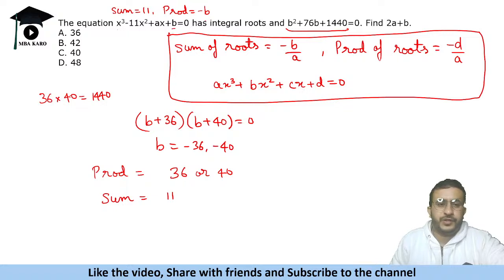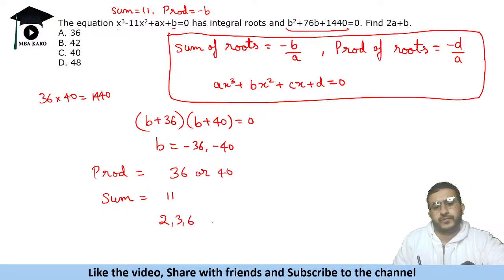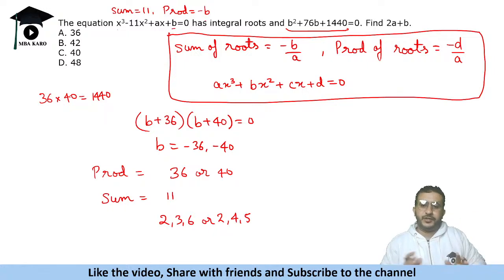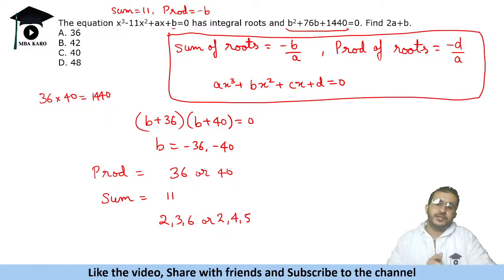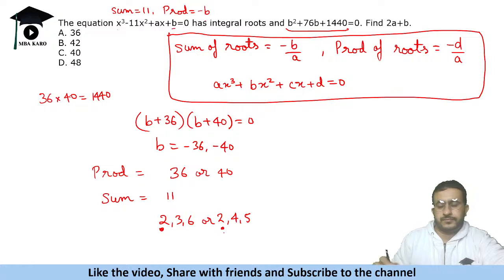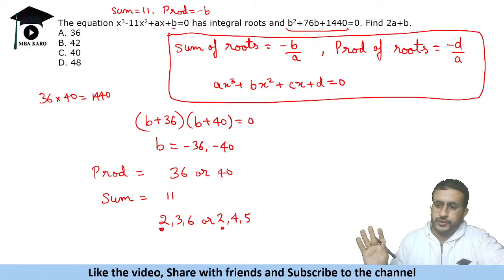Think of the roots. थोड़ा इंटीजर वाले थोड़ा हिट एंड ट्रायल करना पड़ेगा. Possibilities, either 2 4 5 or 2 3 6. Two possibilities, isn't it? Now in both cases 2 is a common root.